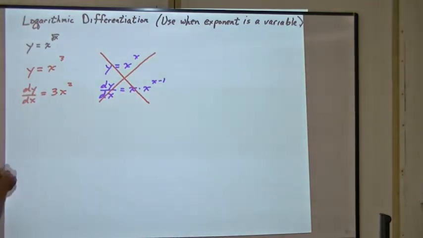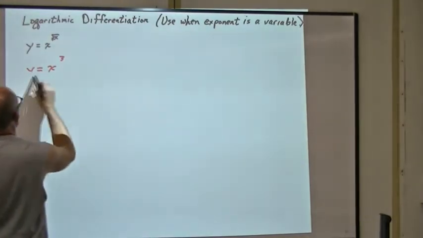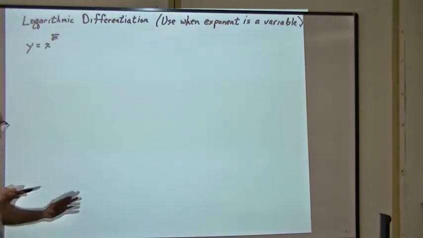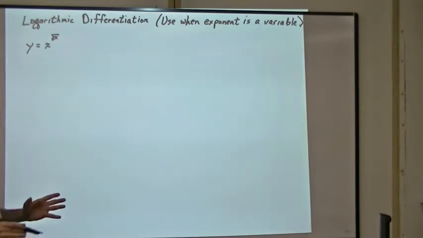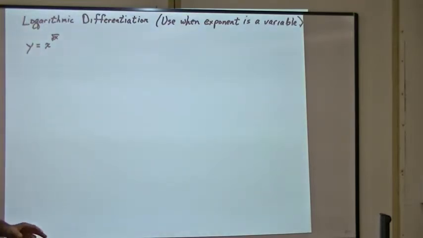All right, so how do we actually do this? Well, the way we're going to do it is we're going to take the natural log of both sides of the equation. That's automatic. You do that every single time that you see the exponent of a variable. Take the natural log of both sides. Not log base anything, but log base e.